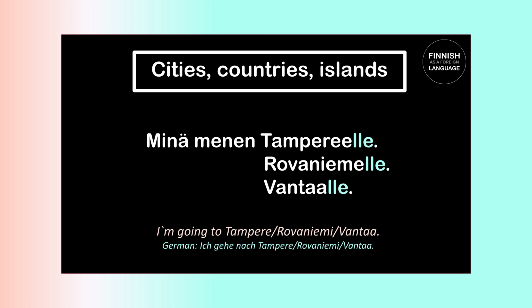For example, when you want to say that you're going to Tampere, then you'd say menen Tampereelle. Or if you want to say I'm going to Rovaniemi, then you would say menen Rovaniemelle. Or if you go to Vantaa, then you'd say minä menen Vantaalle. I'm going to Vantaa.